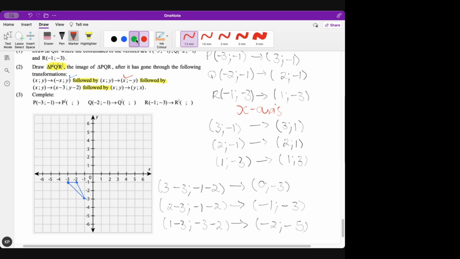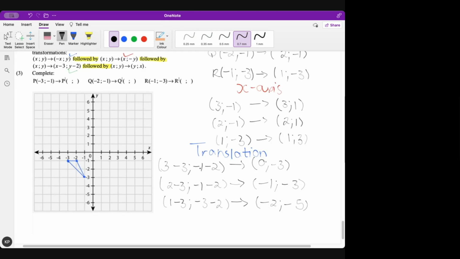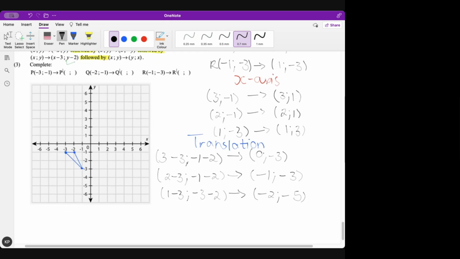Great. We have done the third transformation. And now we have the last one. Where am I reflecting that one? Look at the coordinates. This was a translation. Final one, where are we reflecting it? If (x, y) becomes (y, x), where's the reflection happening? Yes, the line y is equal to x.